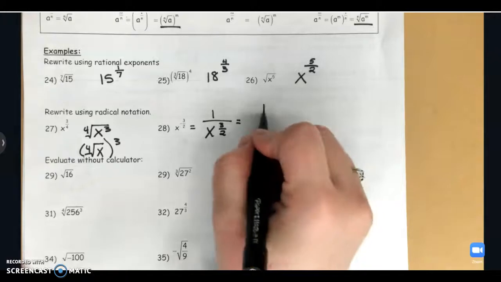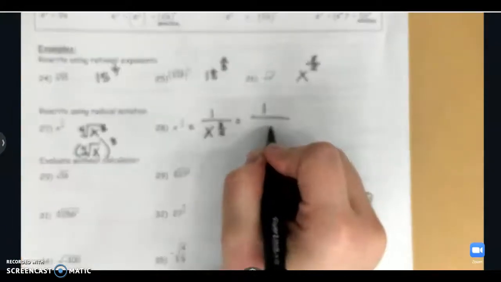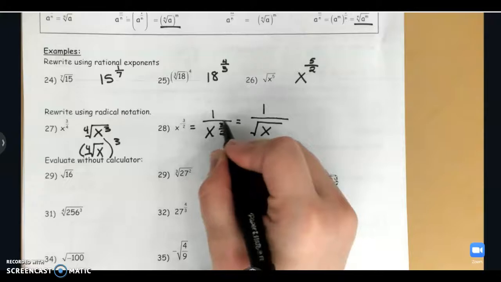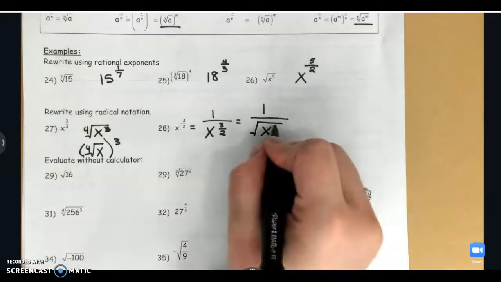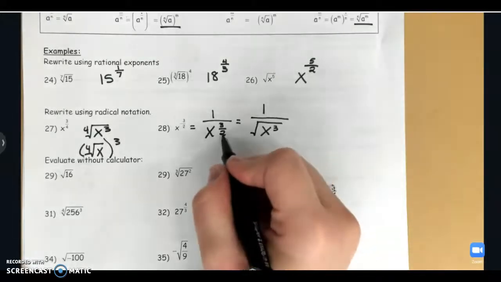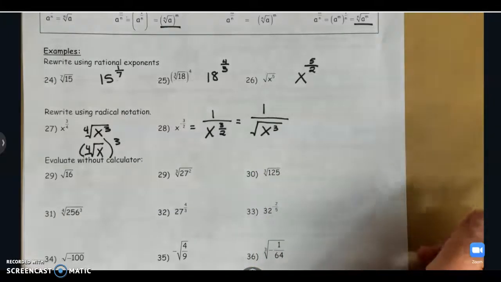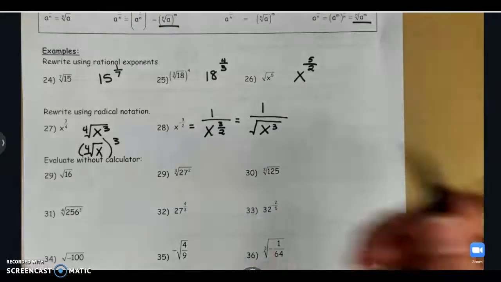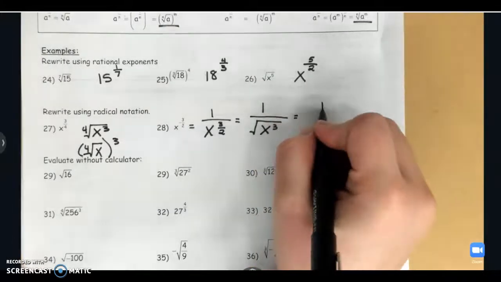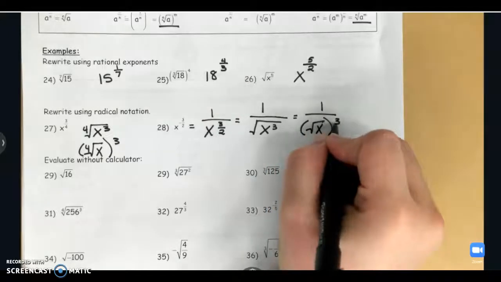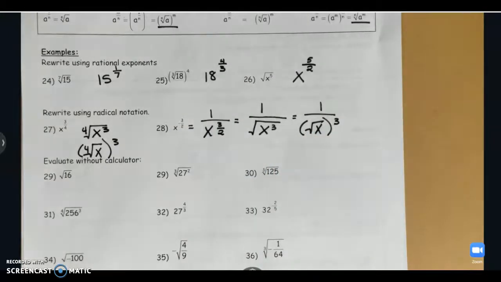This is going to stay in the denominator. x is what's going inside of my radical. My numerator in my exponent is 3, so that means x to the 3rd. And my denominator is 2, so that's square root. We can just leave that as the radical. We don't need to write 2 because we assume that it's 2. Or you could also write it this way: square root of x cubed. Both of those are acceptable.